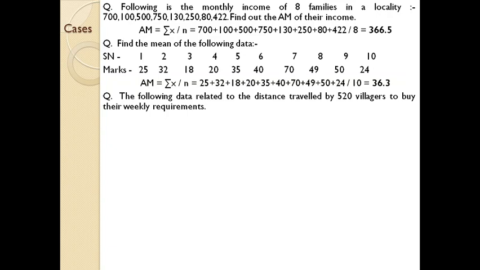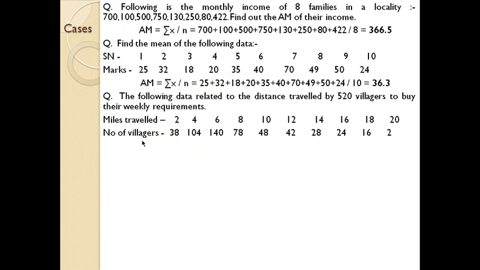Okay, next one. The following data are related to the distance traveled by 520 villagers to buy their weekly requirements. Let's see the details given: the miles traveled by the villagers and the number of villagers.